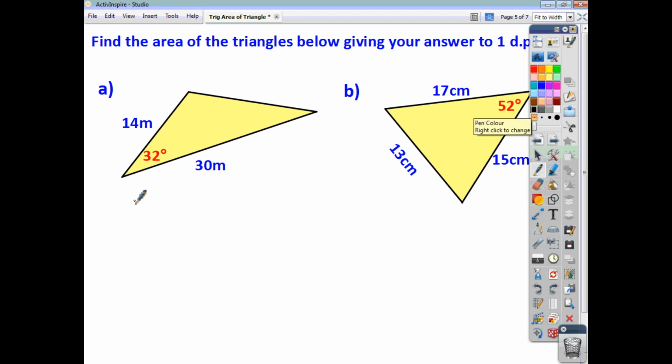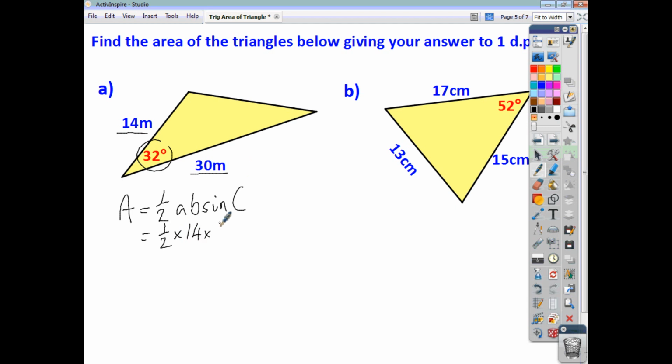Okay, so if we work each of these out, area is half AB sine C. That's going to be a half times, now we've got our angle and each side, either side of it, so a half times 14 times 30 times sine 32. You work that out and you get an answer of 111.3 to one decimal place. And we're talking of meters squared being our unit.